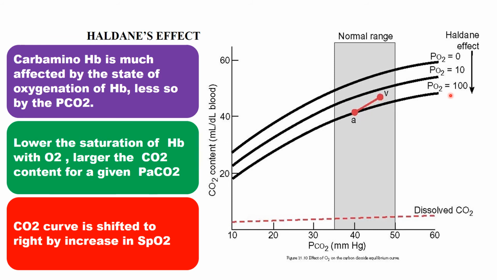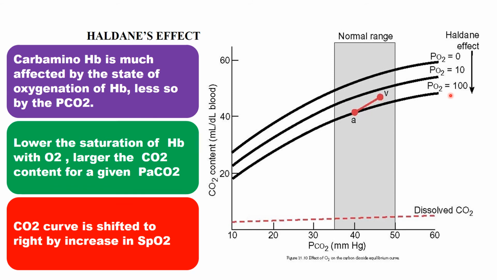And if you remember, we have the Bohr effect, which refers to the increased carbon dioxide in the blood causing displacement of oxygen from the hemoglobin and causing the oxygen hemoglobin dissociation curve to shift to the right. So the Haldane effect is an effect that is the reverse of this.